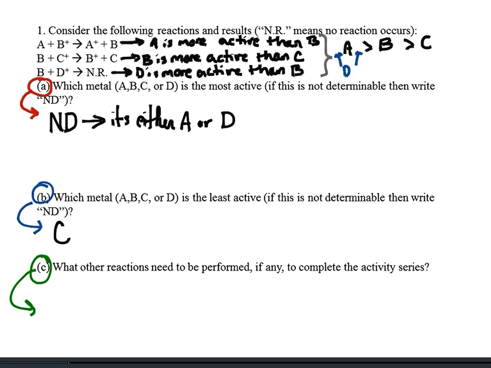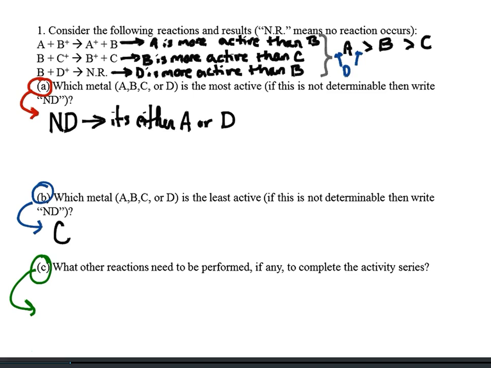What other reactions need to be performed, if any? We need to compare the activity of A and D. So you either need to pair the metal A with the cation D+. If that reaction occurs, that means A is more active than D. If that reaction does not occur, that means A is less active than D. Or you could pair the metal D with the A plus cation and see if D is capable of giving its electron to A plus.